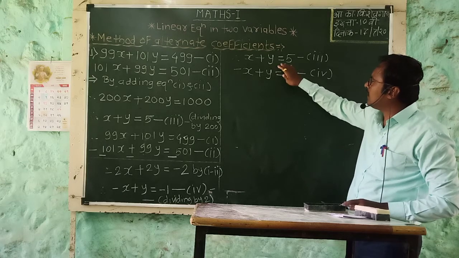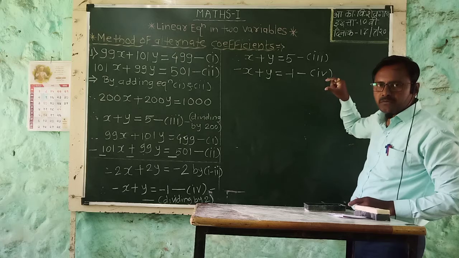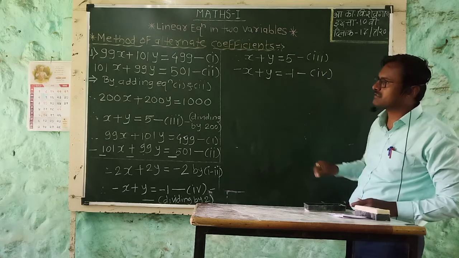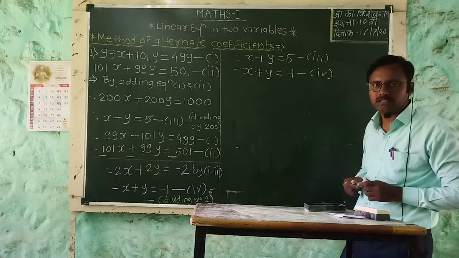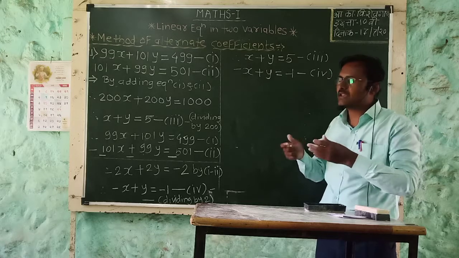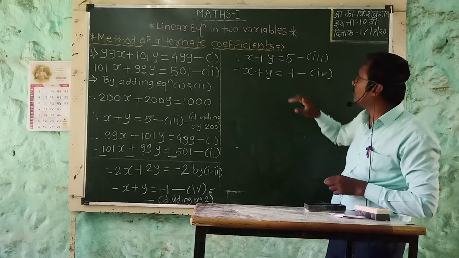When solving such equations, we have to eliminate one of the variables to get the value of the remaining variable. Observe equations 3 and 4.